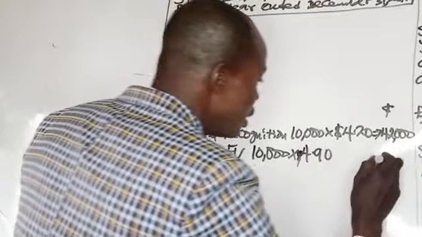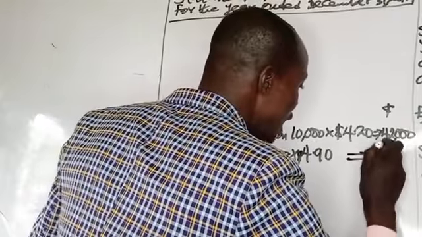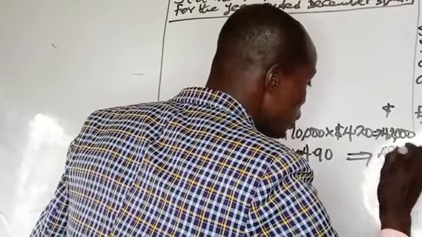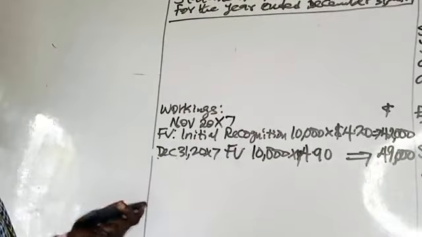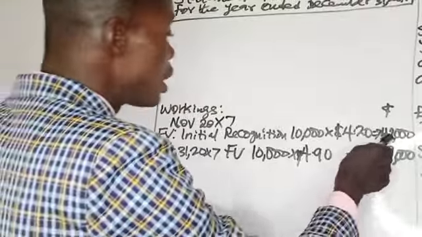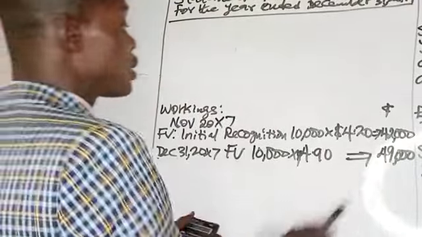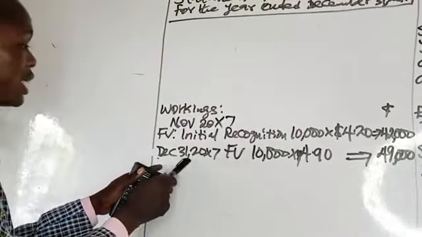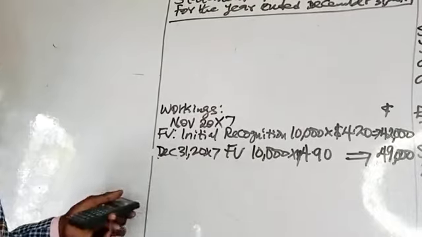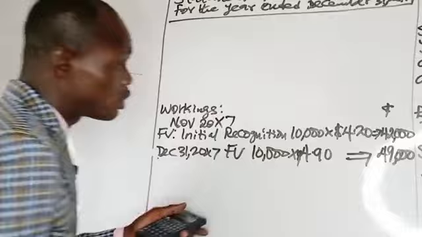That will be $49,000. So if you look at the fair value of the share on initial recognition, which is $42,000, and as at December 20X7, the value has now increased to $49,000.